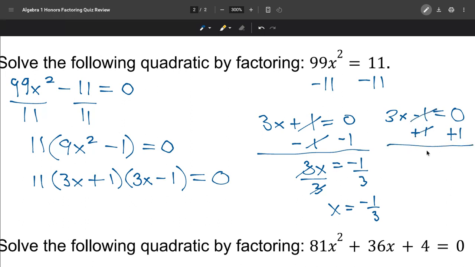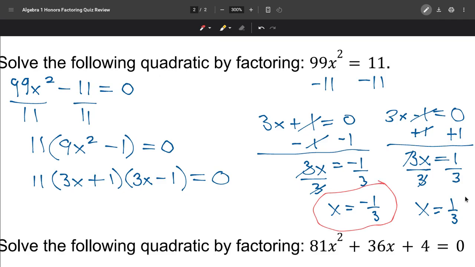So 1 minus 1, we get 3x equals 1. We'll divide by 3 on both sides. We get x equals 1/3. So these are the two solutions. X equals negative 1/3 and x equals 1/3.